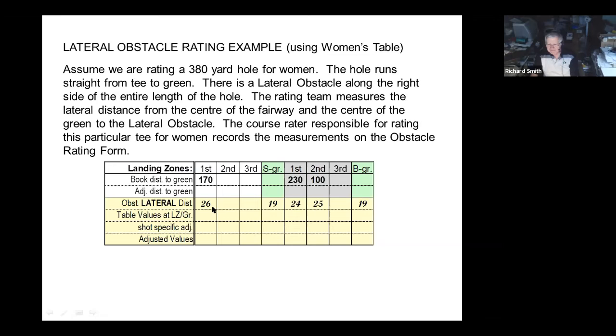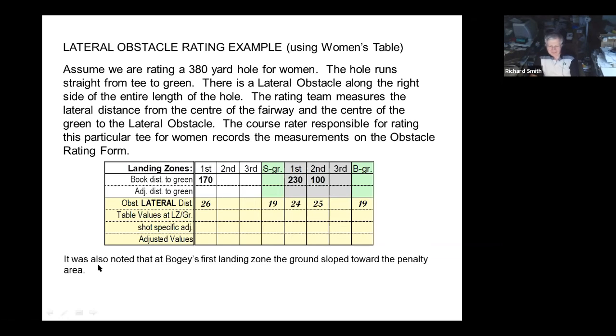At Scratch's fairway landing, 26. At the green, 19. For bogey's first landing, 24. And bogey's second fairway landing, 25. Obviously, the lateral distance at the green is the same for both.